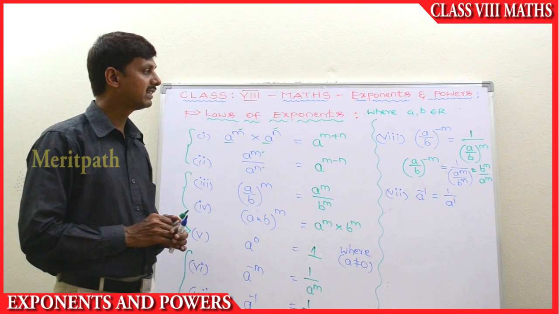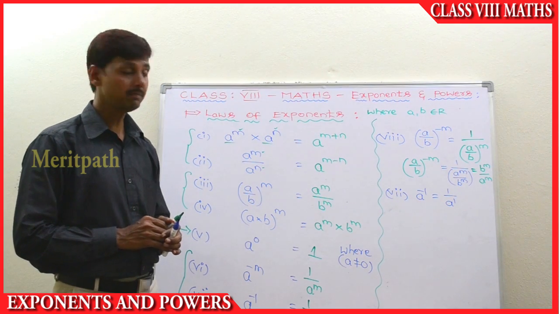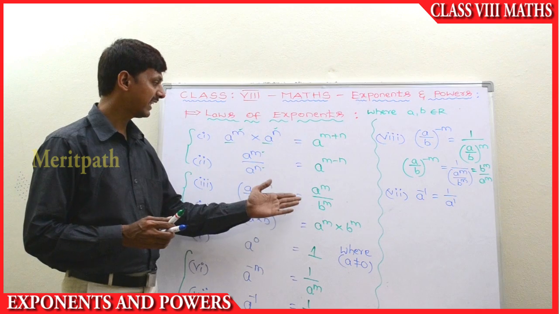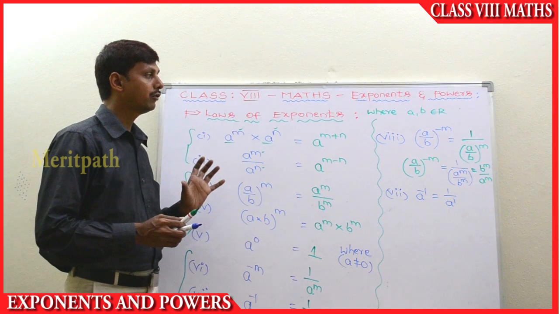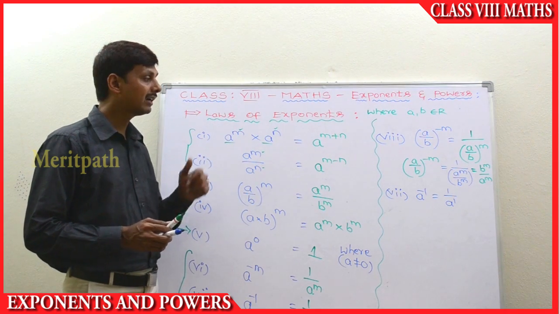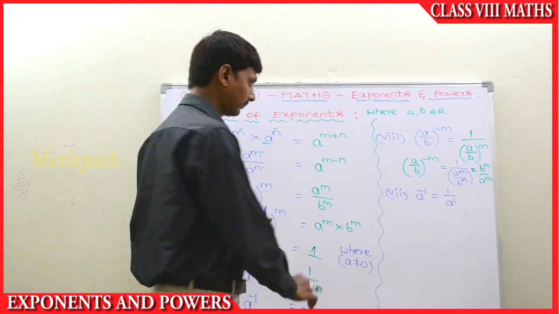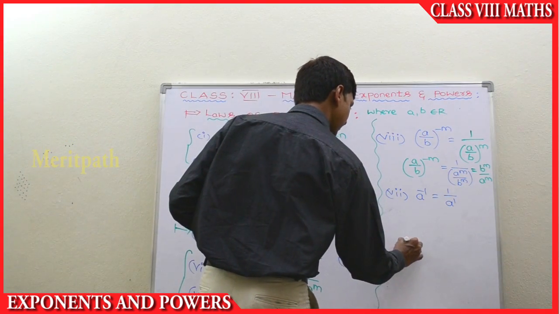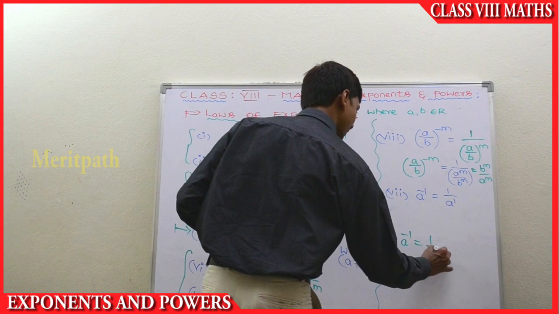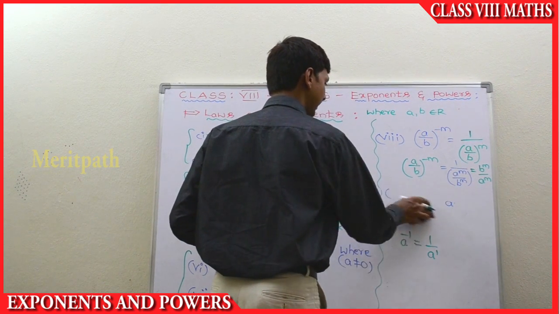So that can be written as (b by a) whole power n, using the same rule 3.